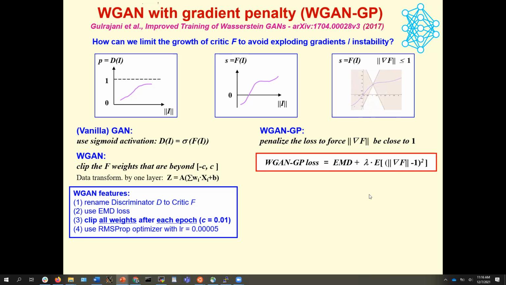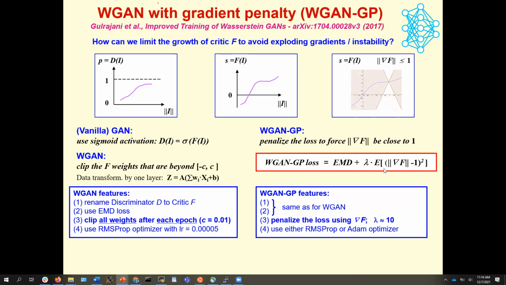And by adding this term, we don't need to clip values after each epoch, which would be a very expensive operation, but just run the training procedure.